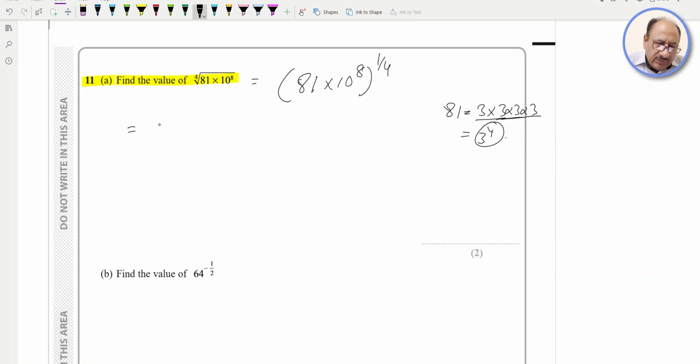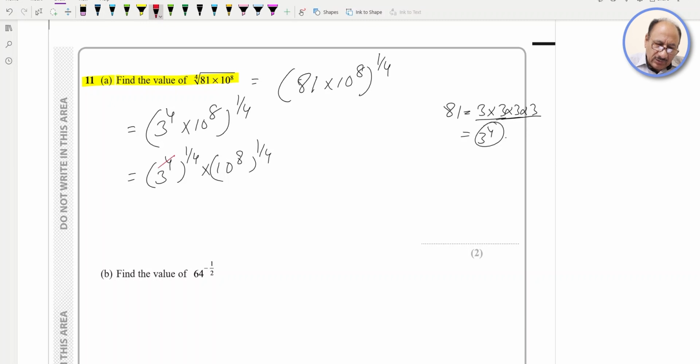So we can write this as 3 raised to the power 4 into 10 raised to the power 8, whole raised to the power 1 by 4. And this one we can write as 3 raised to the power 4 into 1 over 4, into 10 raised to the power 8 into 1 over 4. Separate powers we have written.